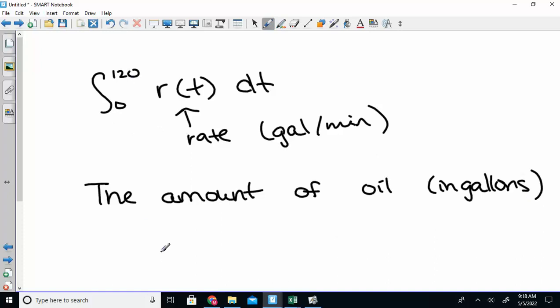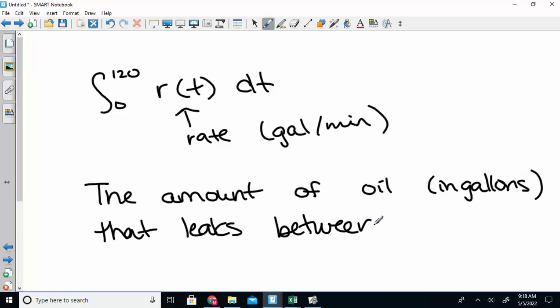The 0 and the 120 were my times, so that leaves between 0 and 120 minutes, or over a 120-minute period. So if you have a rate, going backwards gives you an amount.